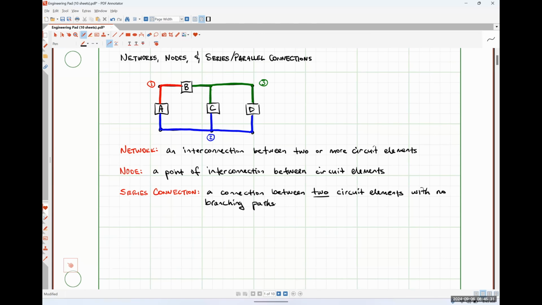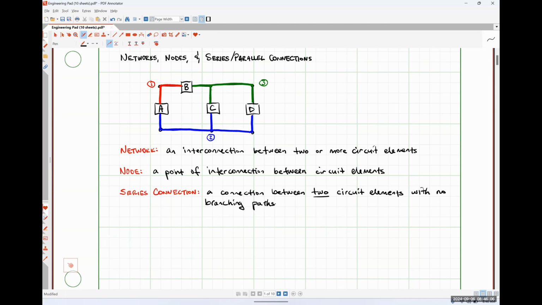Now, the reason why I'm saying specifically two circuit elements here is because we are going to learn something called Kirchhoff's current law next Wednesday. You guys already should have a little bit of familiarity with it. But after we learn Kirchhoff's current law, we are going to adapt our definition of a series connection to include the information that Kirchhoff's current law provides us, where we have more than two elements that are connected in a particular way.